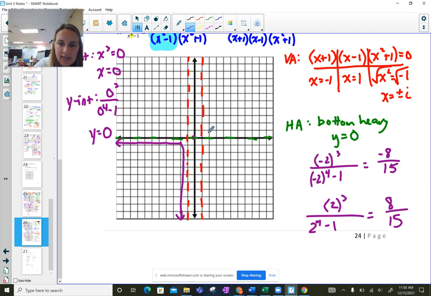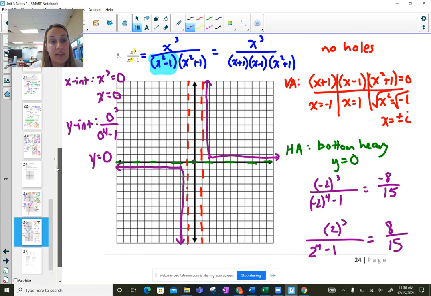So this actually takes place like here. So this looks like this. Interesting.